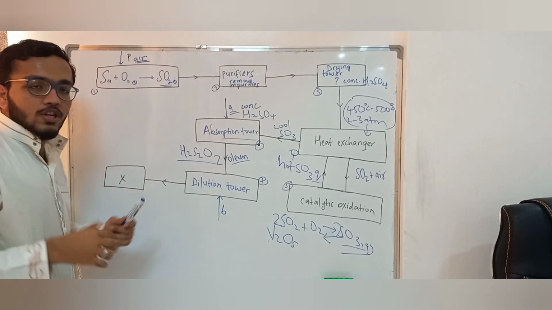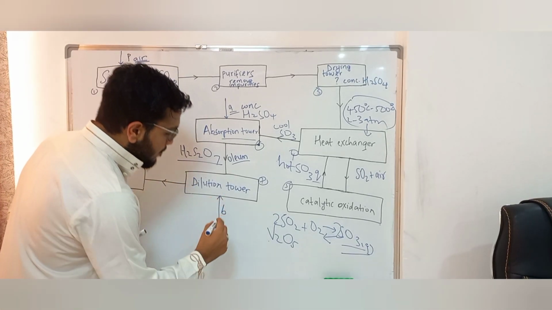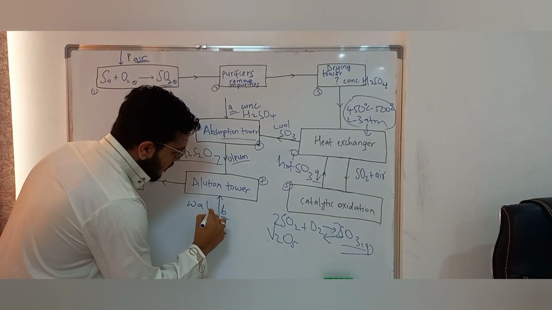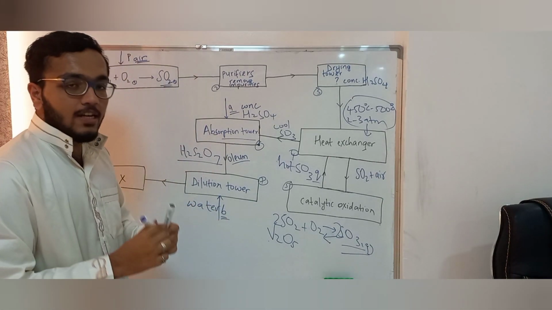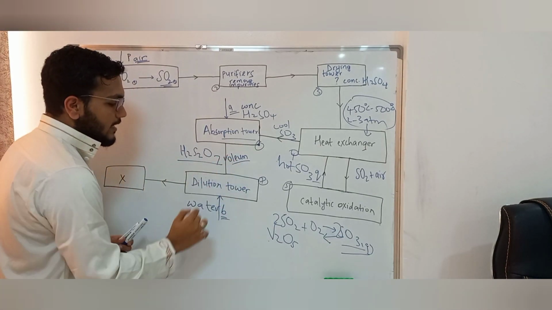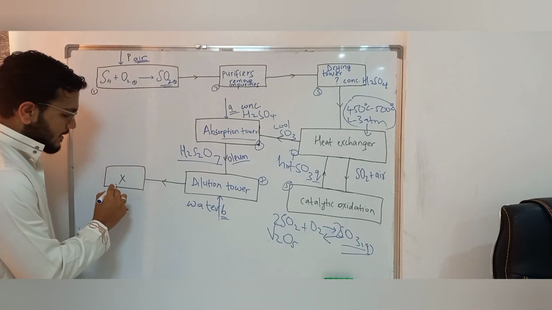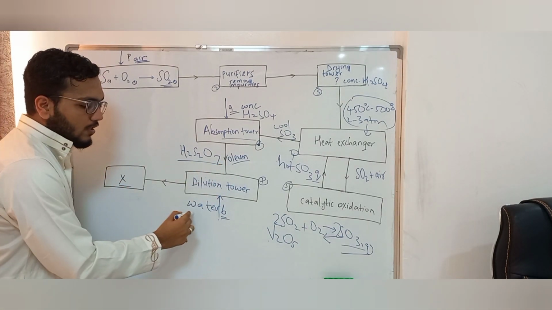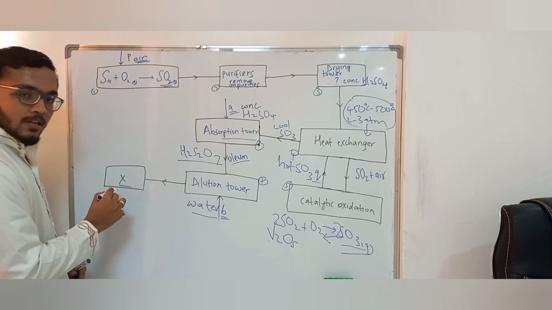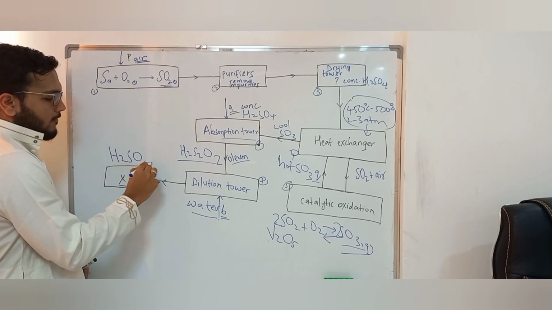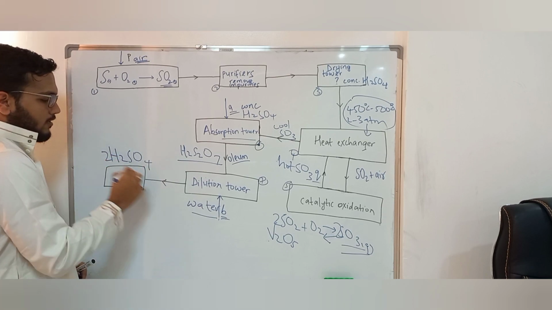So in the dilution, what happens in dilution? What is B? Obviously, B is water. In dilution, in any dilution, you are adding water. So oleum is dissolved in water to form, what is X? Oleum dissolved in water or diluted by water to form 2 moles of H2SO4 liquid.